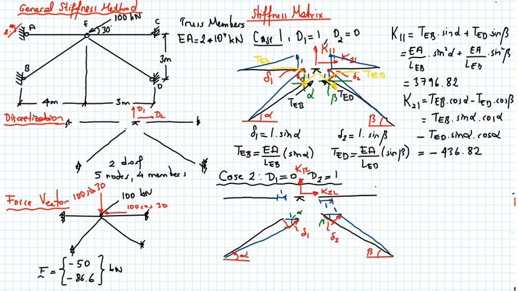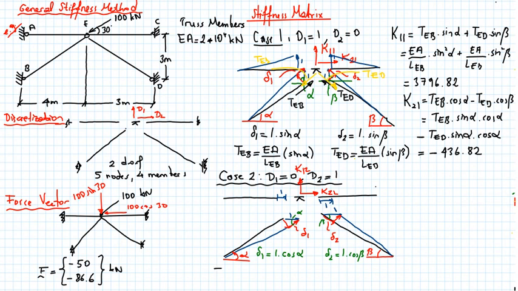So in that case, delta 1 will be equal to 1 times cosine alpha, and delta 2 is equal to 1 times cosine beta. So I have an elongation at member BE and a shortening at member ED. Now let's calculate the forces.